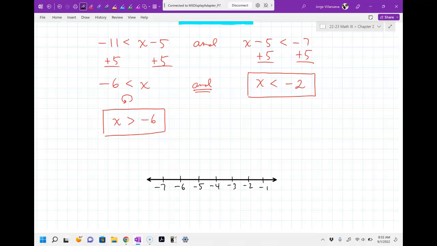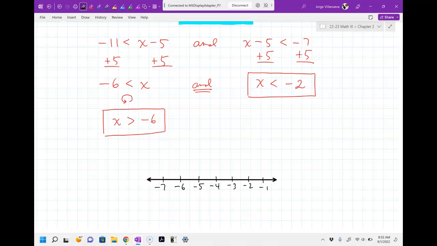So that fits all those numbers I need. By the way, you don't have to go by ones. You could have gone by twos, negative 6, negative 4, negative 2, 0, 2, 4, 6, right? You can do however you'd like. They'll give you graphs here, so you don't have to worry about that.